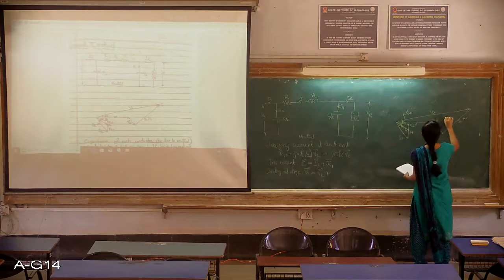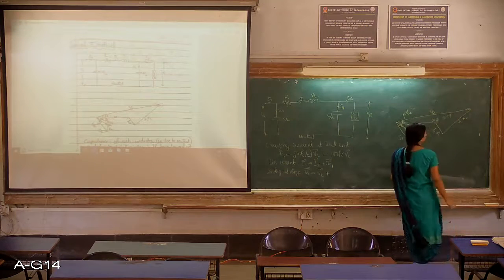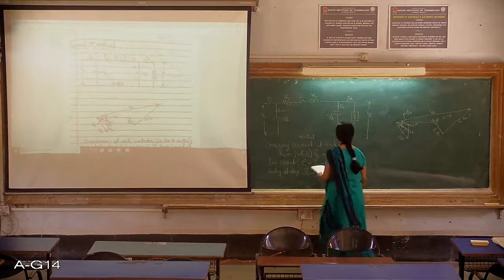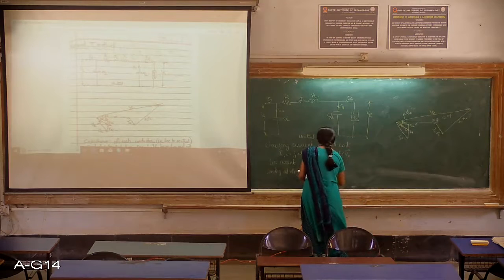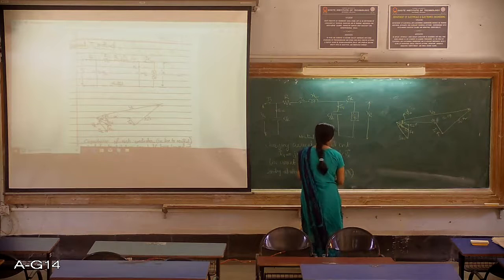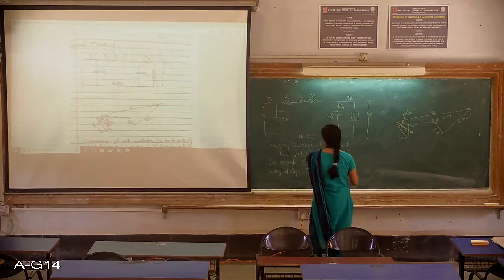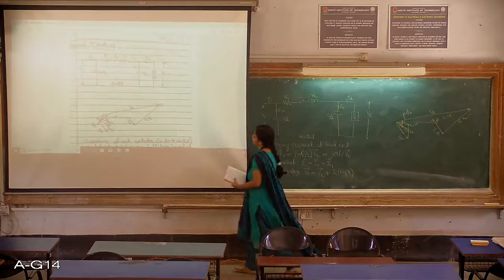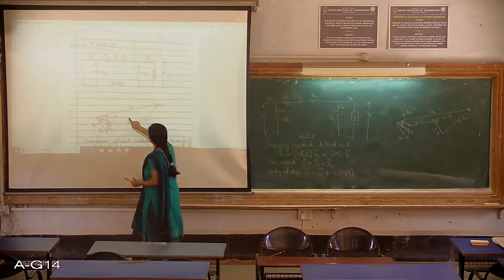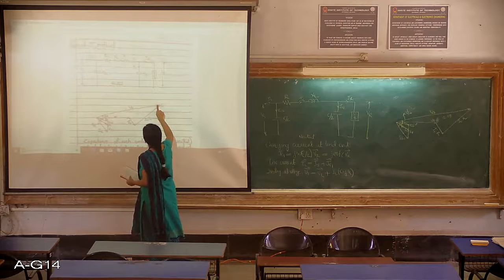So this will be IL into Z, okay, so it is VR plus IL into, in place of Z I will write it as R plus jXL. I have not shown it here, but you can just represent it. Okay, this is IS into Z.